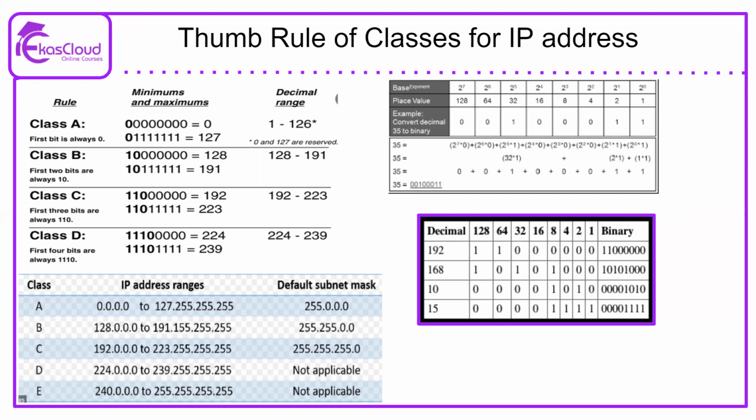For example, 35 can be denoted in binary form as 00100011. If you look at these binary examples, you can talk about the least significant bit and the most significant bit. The least significant bit starts on the right hand side, which is 2 to the power of 0.